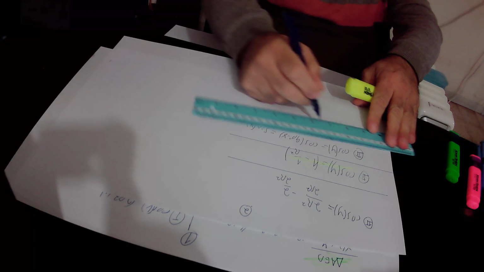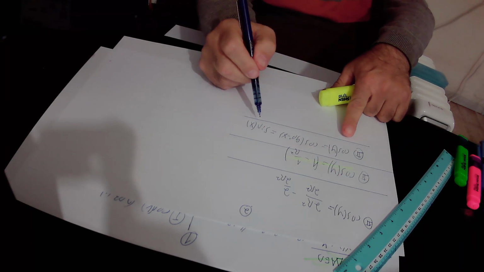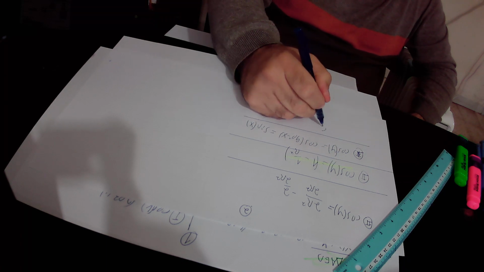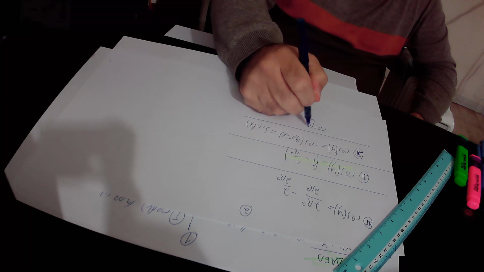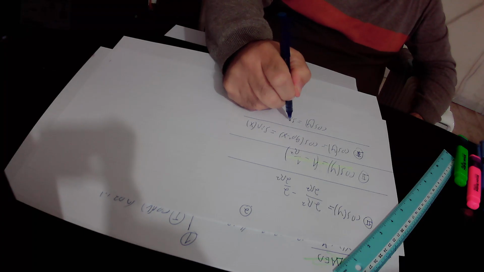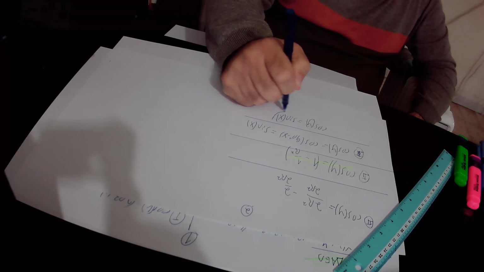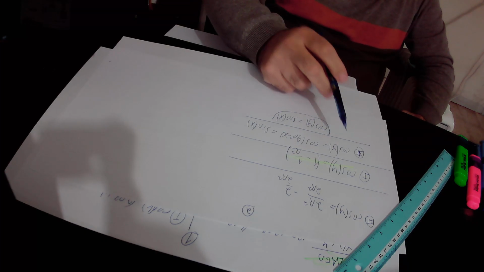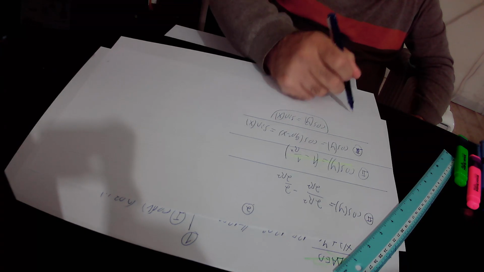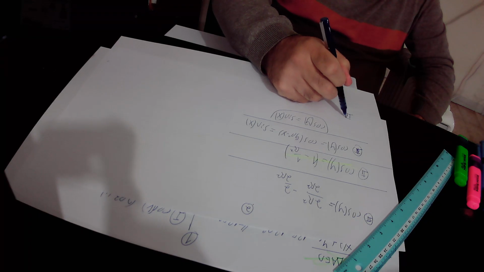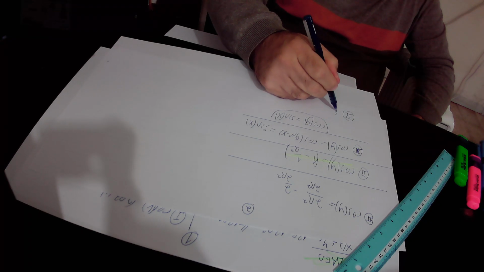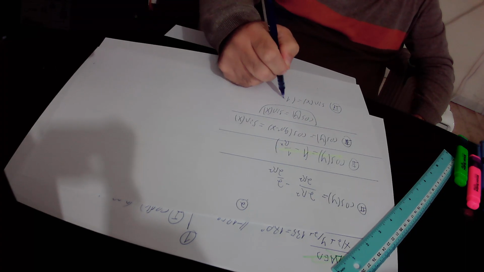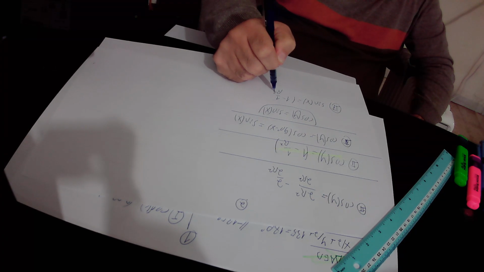So cosine y equals sine x. Therefore, you can substitute cosine y in equation number 2 by sine x, and we get that sine x is equal to 1 minus 1 over r squared.